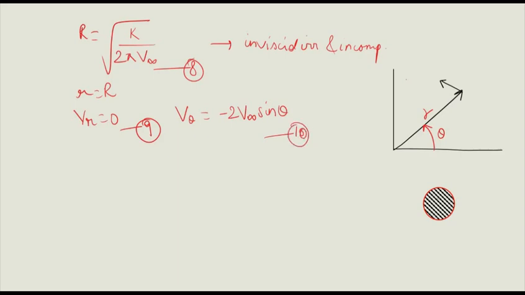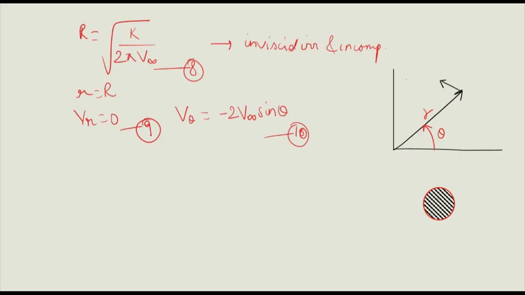So by observing these equations 9 and 10, what is it that we can say? At the surface of the cylinder, V_r is geometrically normal to the surface, correct? So equation 9 is consistent with the physical boundary condition that the velocity component normal to the stationary solid must be 0.